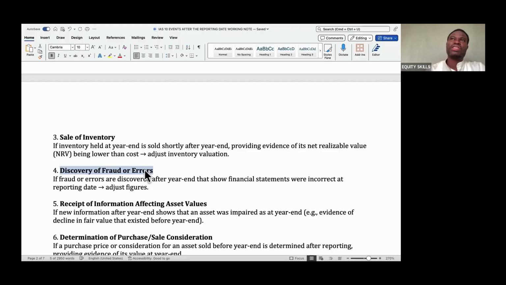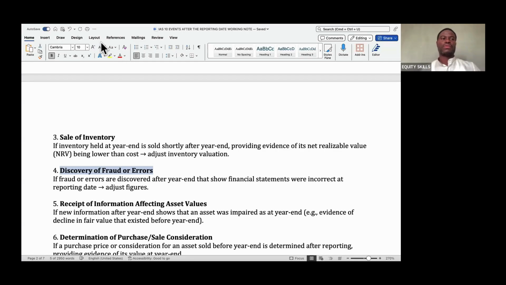You will need to update the previous year's figures. Whatever item that fraud or error has affected needs to be adjusted. It is an adjusting event.